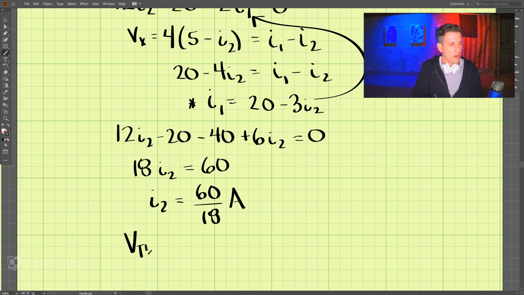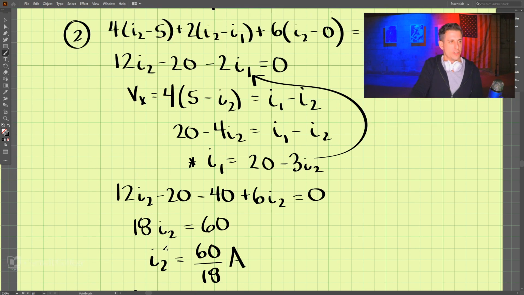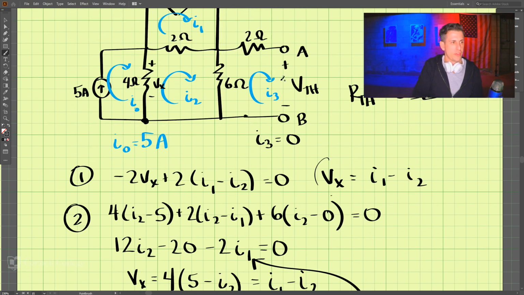Now, what is our Thevenin voltage then? If we go back up, our Thevenin voltage here is going to be equal to I2 times 6. So that is this voltage here. Our Thevenin voltage is equal to that.